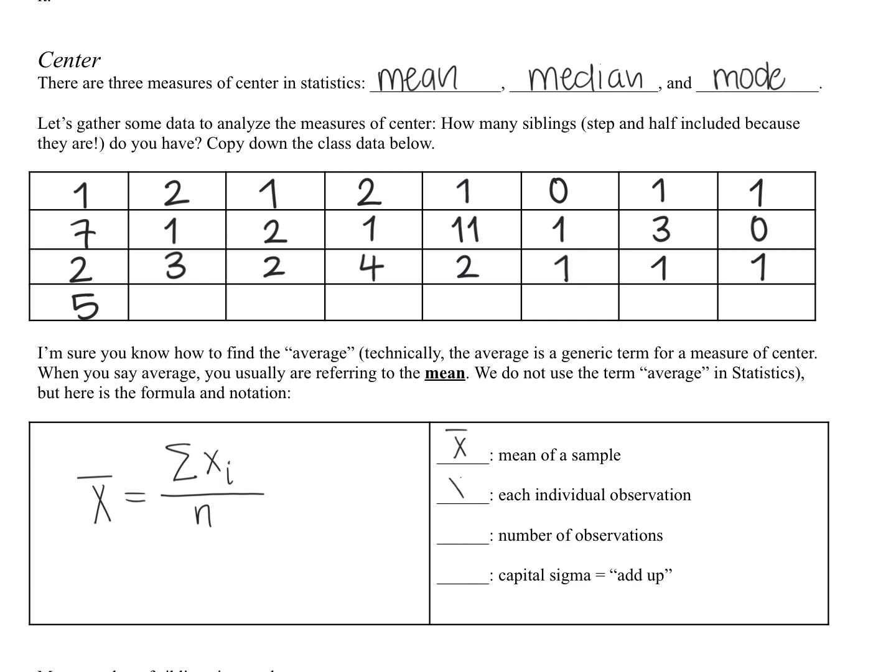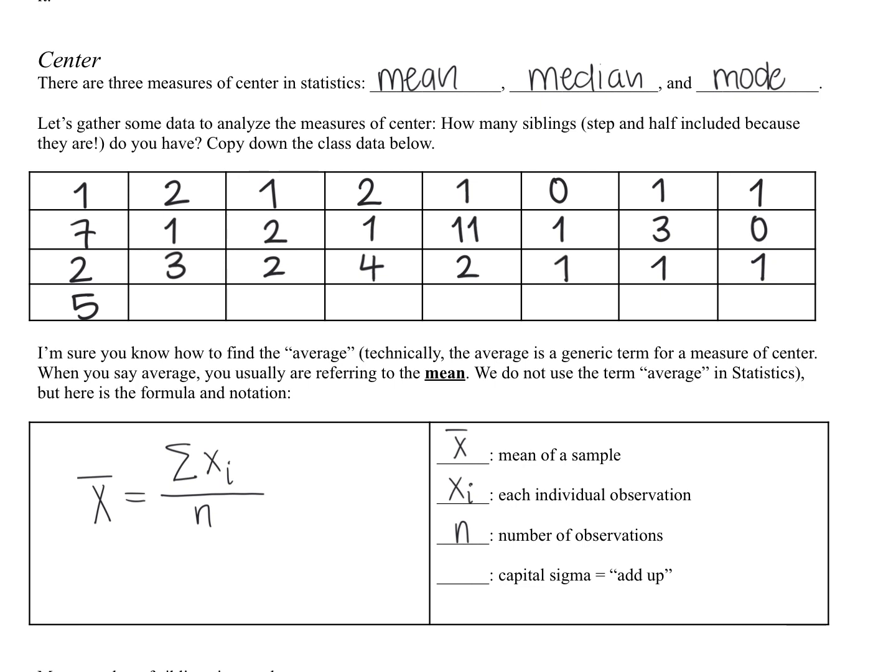X sub i represents each individual observation, and that is the subscript. So technically, I could label every number that I have in my table here, x1, x2, x3, x4, all the way up to x25. N is our number of observations, also referred to as sample size.